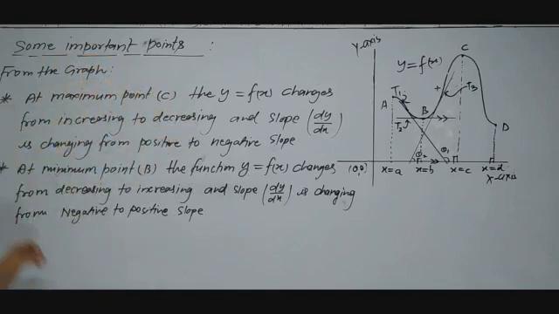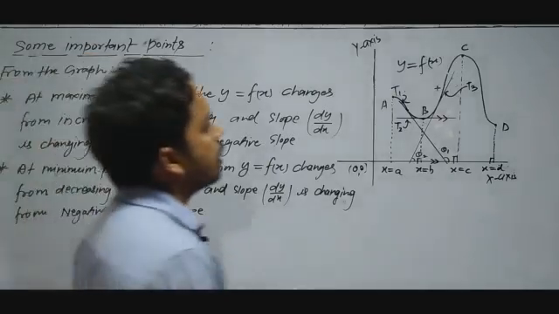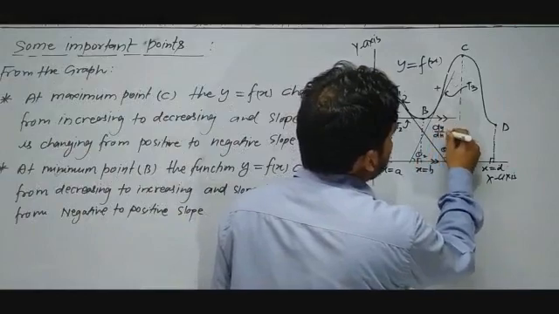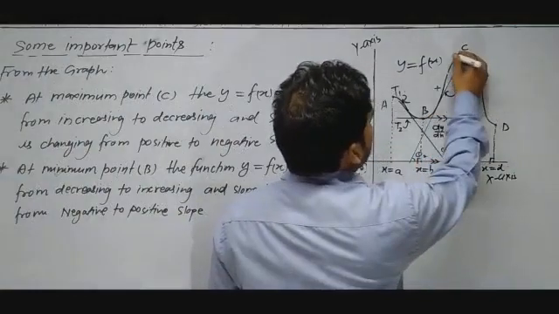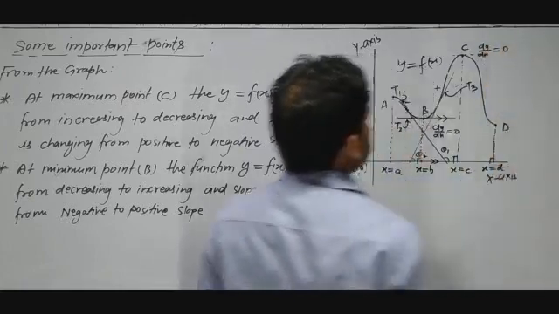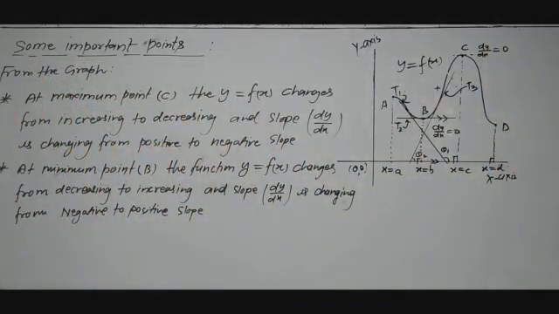So dy by dx is equal to 0 at B, and also dy by dx is equal to 0 at C. So dy by dx equal to 0 is the necessary but not the sufficient condition for the function to have maximum or minimum points.